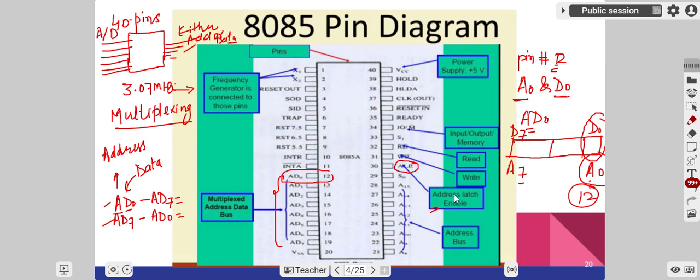So for the time being, keep in mind that these address data pins are called the lower order address data bus. Why lower order? Because the AD0 to AD7 pins are multiplexed, whereas the A8 to A15 pins are not multiplexed.